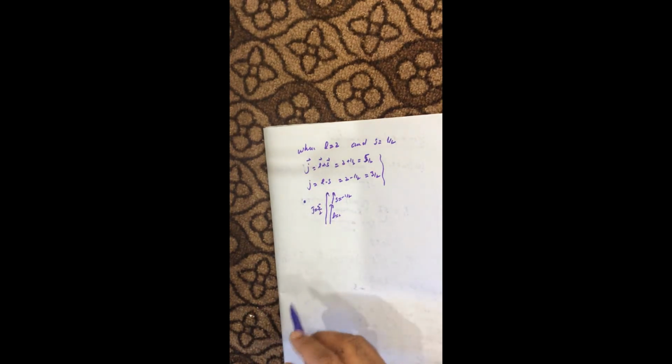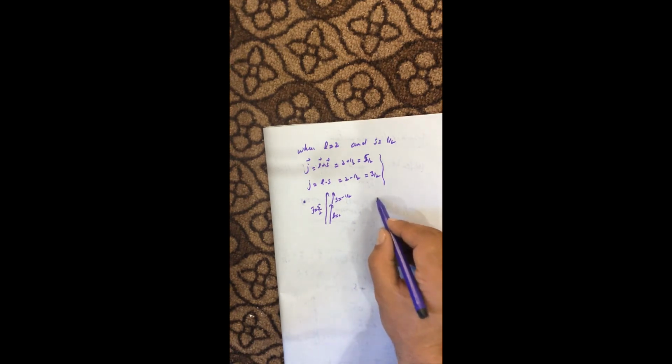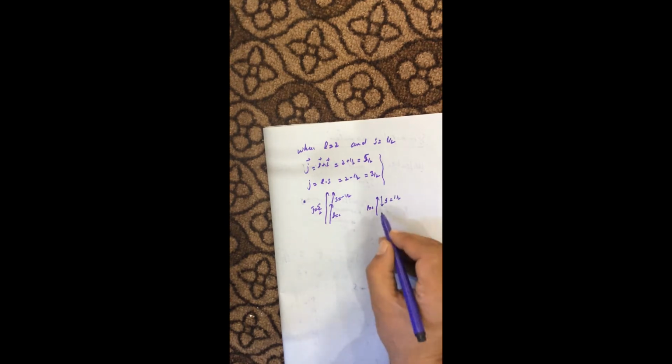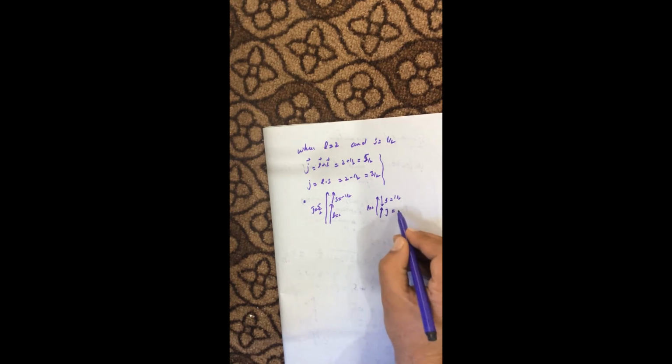And the other one is L is equal to 2 and S is equal to minus 1/2, or 1/2 in the opposite direction. Then we have J equal to 3/2.